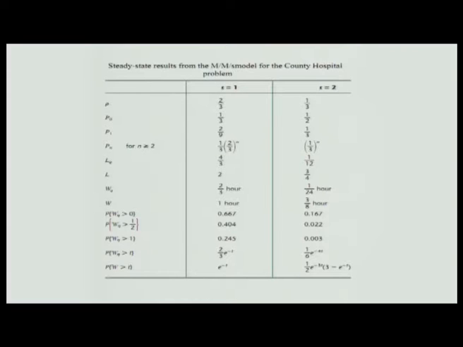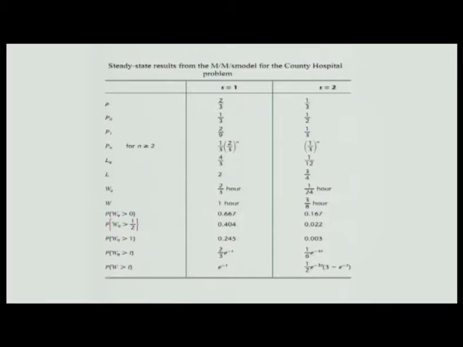This is damaging, because in a hospital emergency room, if you have to wait more than half an hour, that is bad, and the probability is 0.404 when S is 1. This is not acceptable. Similarly, WQ greater than 1 hour is 0.245 for S equal to 1, but for S equal to 2 it is 0.003. You can just look at the numbers, the other two are not that important.